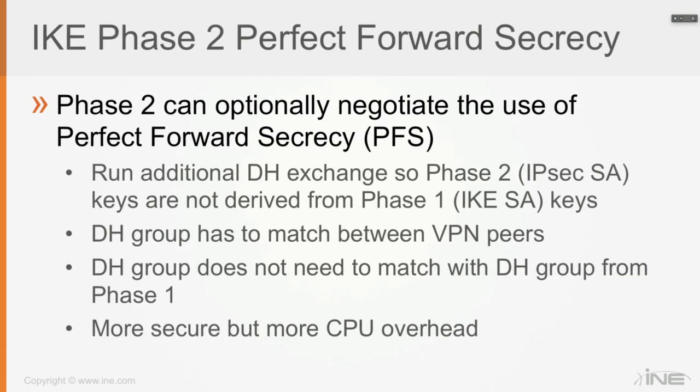That's not very secure. PFS adds more security, but also more CPU overhead. And the Diffie-Hellman group used by PFS does not need to match the Diffie-Hellman group from phase 1. It can be a different group, stronger or less strong, it doesn't matter. Usually it's going to be stronger, of course.